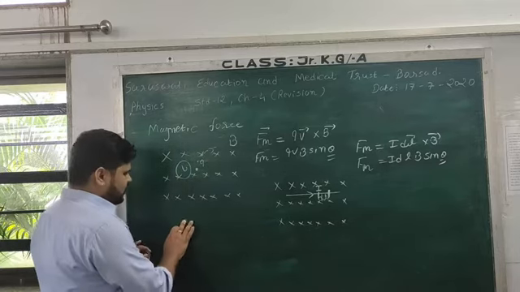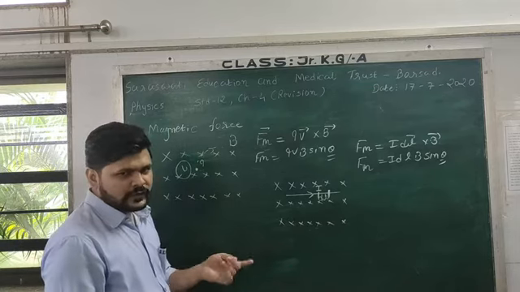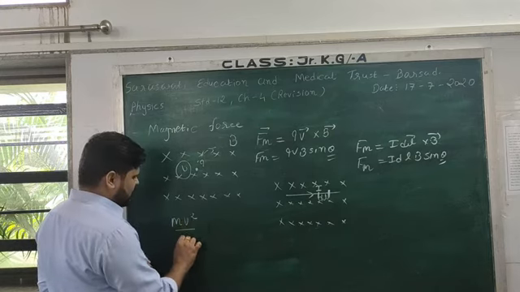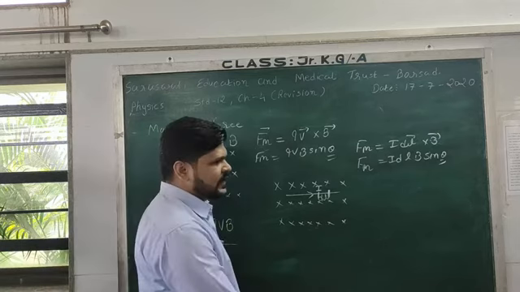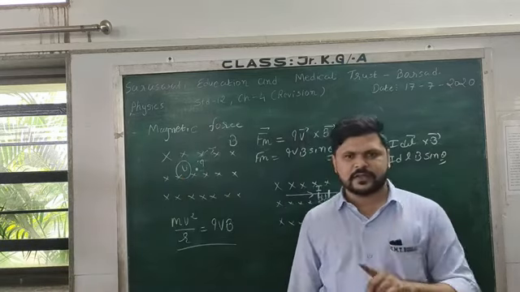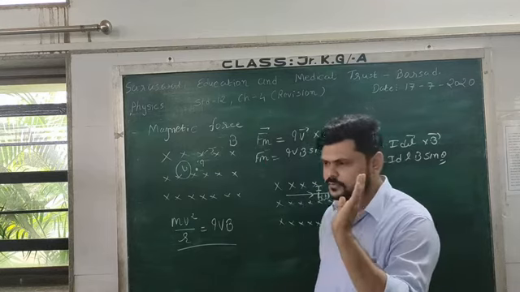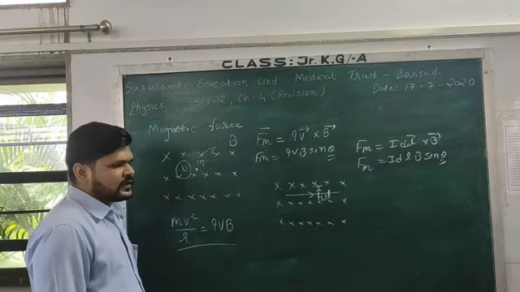Then the centripetal force is the magnetic force, so mv square upon r equals qvB. But this equation is only valid when the charge enters the uniform magnetic field perpendicular to it. Now you can see the theory of the cyclotron.